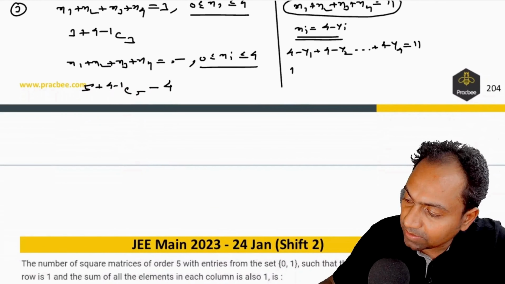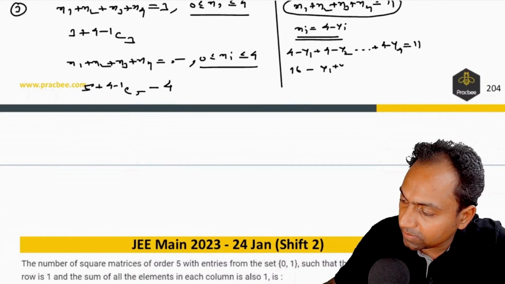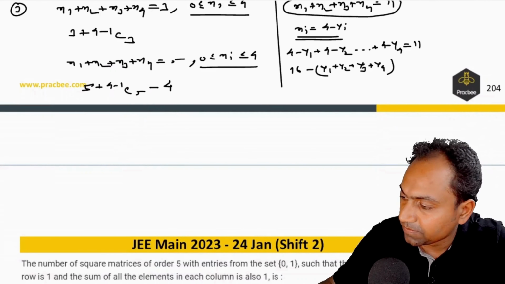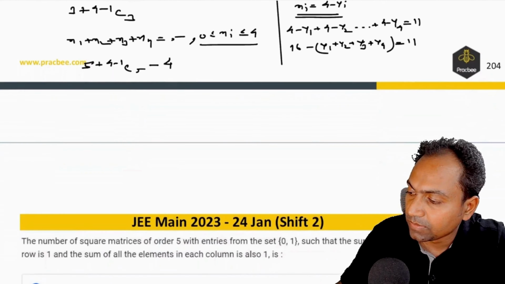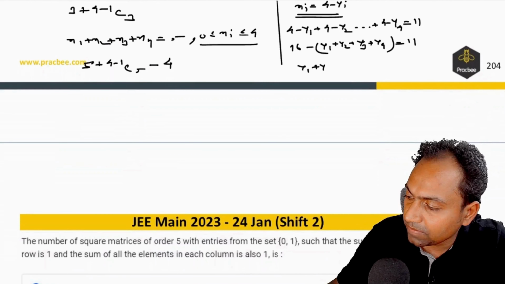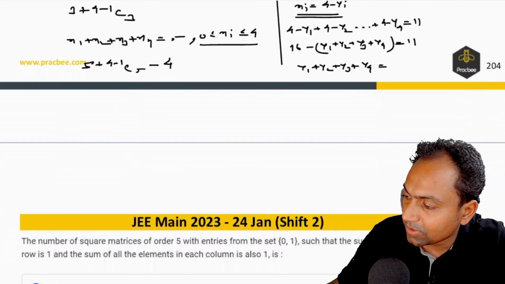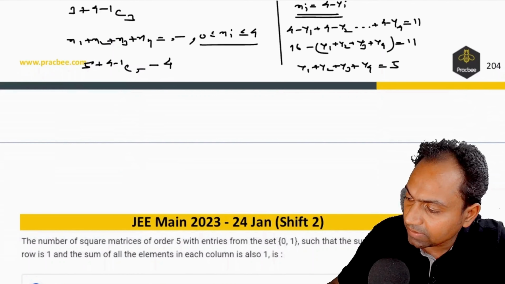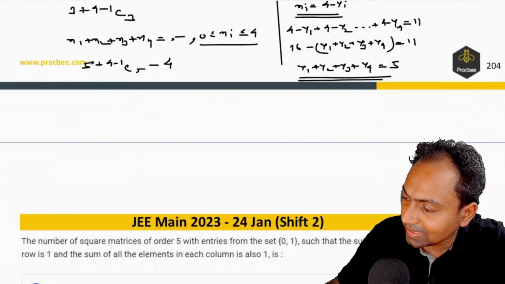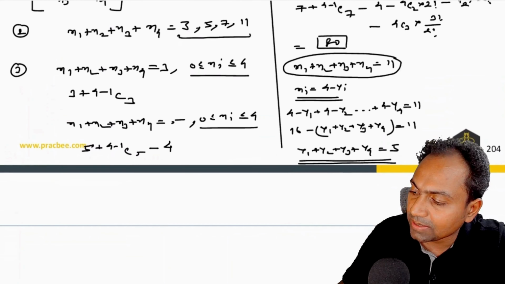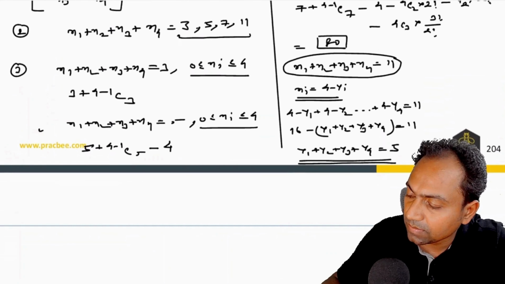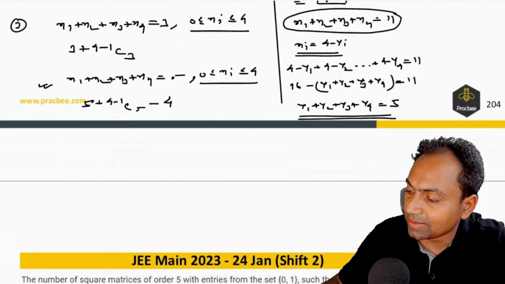And this becomes 16 minus (y1 plus y2 plus y3 plus y4) is equal to 11. Or what I get is y1 plus y2 plus y3 plus y4 is equal to 5. And you can see that this is exactly like the part that we solved earlier. And whatever answer we are getting there will become our answer.